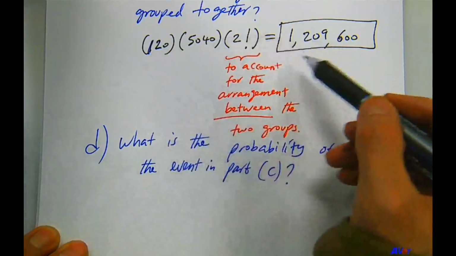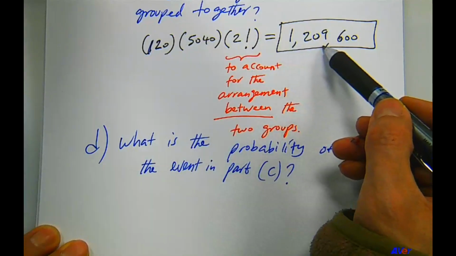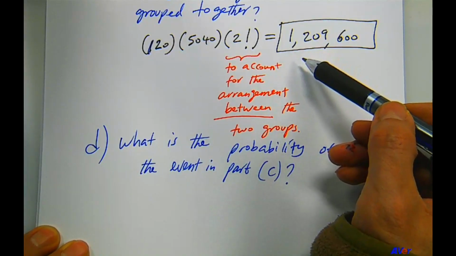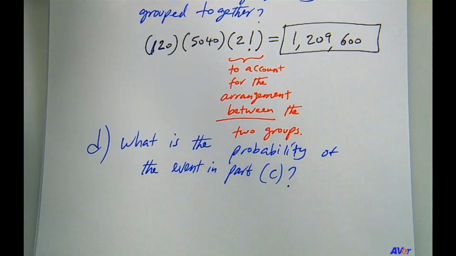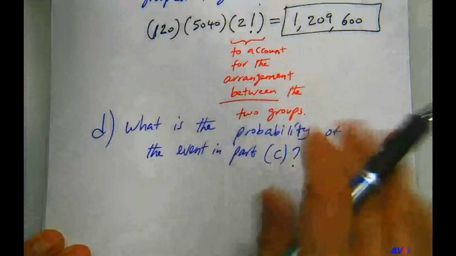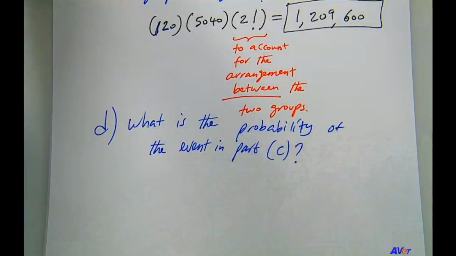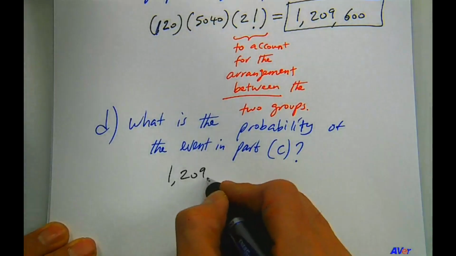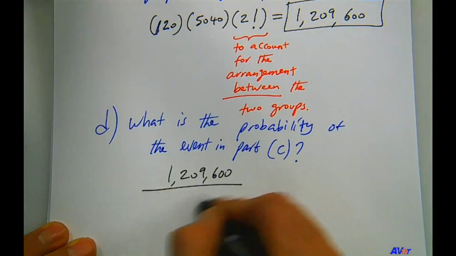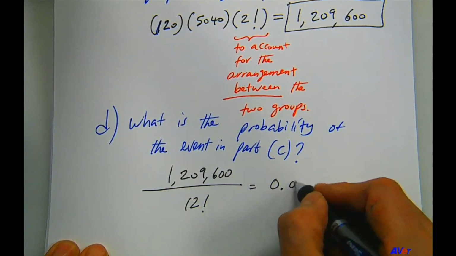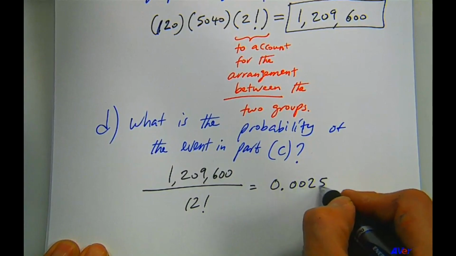If we throw the books at random, these are how many possible ways that the French and the Spanish books can end up on the shelf when the books of each language stay together. Now, all of that divided by all possible ways that these 12 books can be arranged on the shelf, which is 12 factorial. So 1,209,600 divided by 12 factorial, and that gives us this probability.